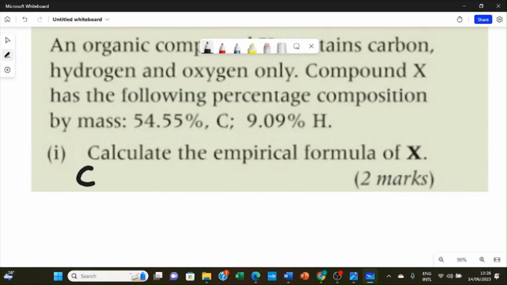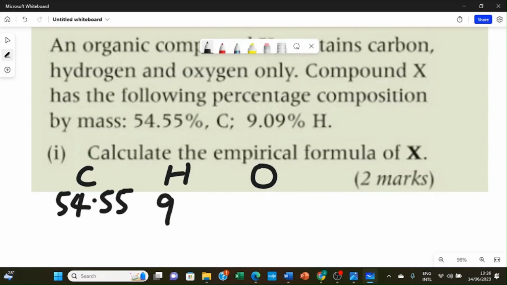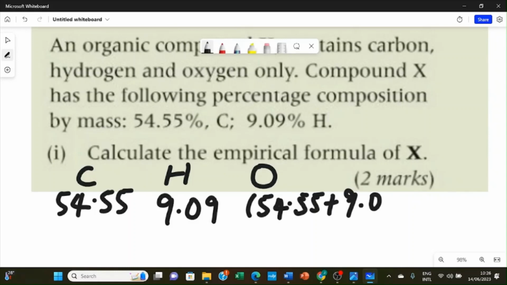So let's move on. It contains carbon, hydrogen, and what? Oxygen. So carbon is 54.55. Now hydrogen is 9.09. So to get oxygen, we add 54.55 plus 9.09.